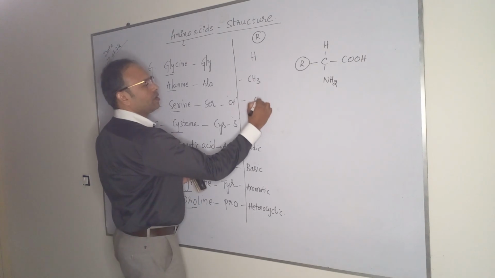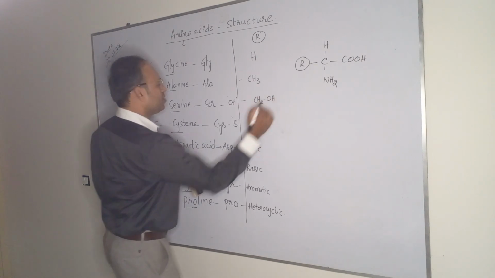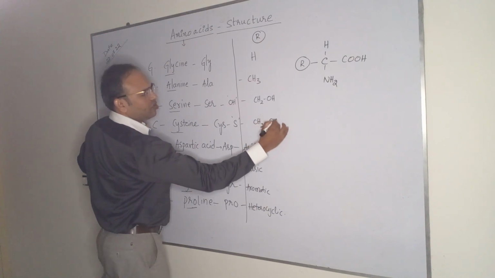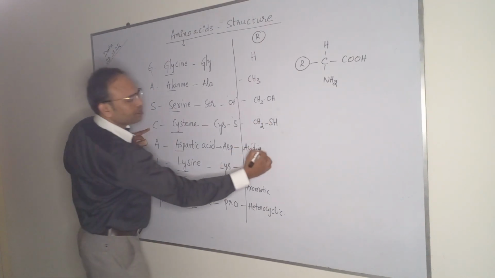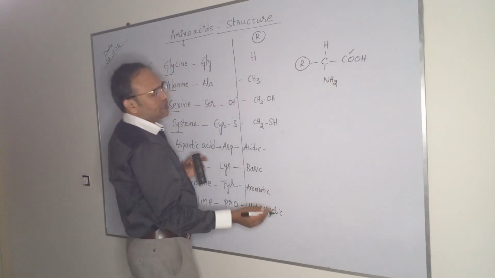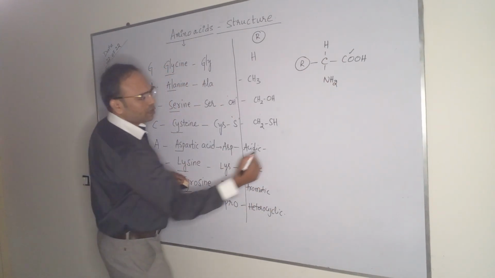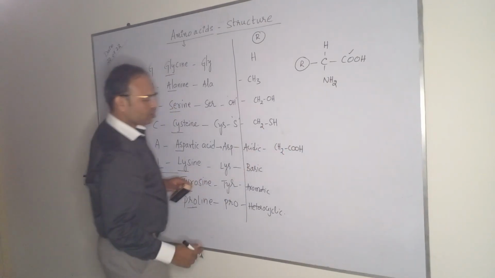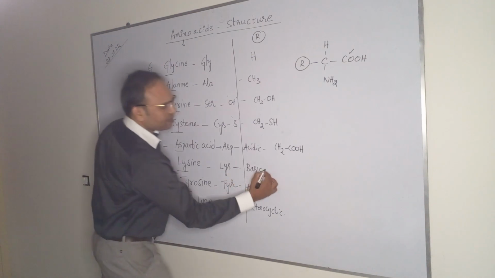Now CH2OH represents serine, CH2SH represents cysteine, and for the acidic group, if at all you are having 2 COOH groups, then it will be considered to be acidic. So R group will be CH2COOH. Next, lysine is basic.